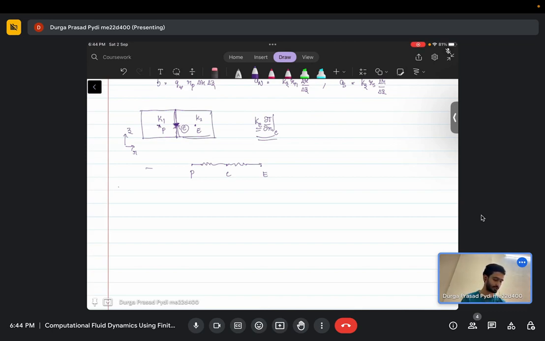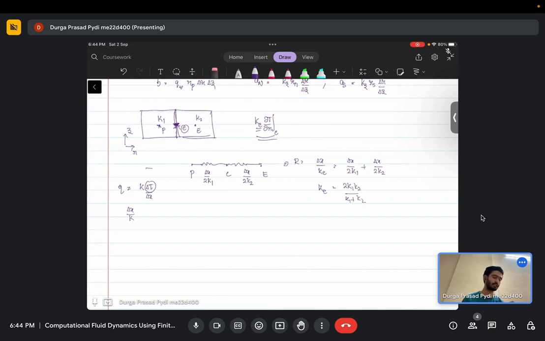If you write Q as K times delta T by delta X, where delta T is the potential, your resistance will be delta X by K. So from P to E you have delta X by 2K1 and this will be delta X by 2K2. This is in series, so you have total resistance as delta X by Ke, and from there you get an expression where K equals the harmonic mean of these two.